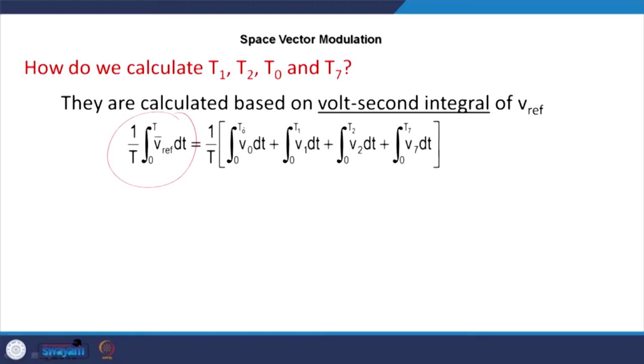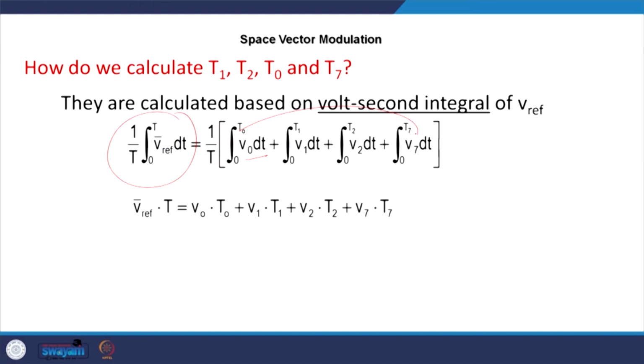So, 1 by T, integral 0 to T of V dt, plus V1 dt from 0 to T1, plus 0 to T2 V2 dt, plus 0 to T. Generally, we can keep them the same and multiply it by 2, that is also possible.